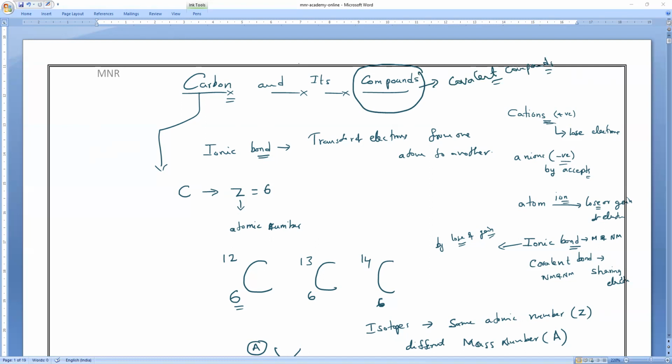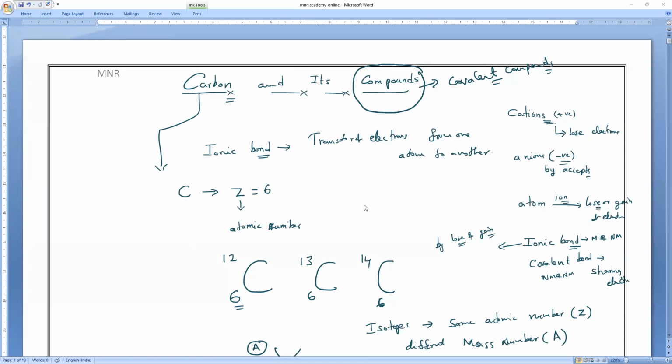Which is the stronger bond and which is the weaker bond? Ionic bonds are stronger compared to the covalent bond. But keep it in mind, the bonds formed by carbon, even though they are covalent, are very strong and very stable in nature. The compounds are very, very stable in nature.